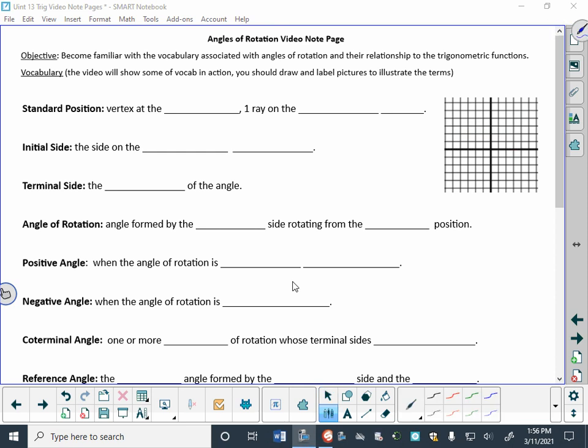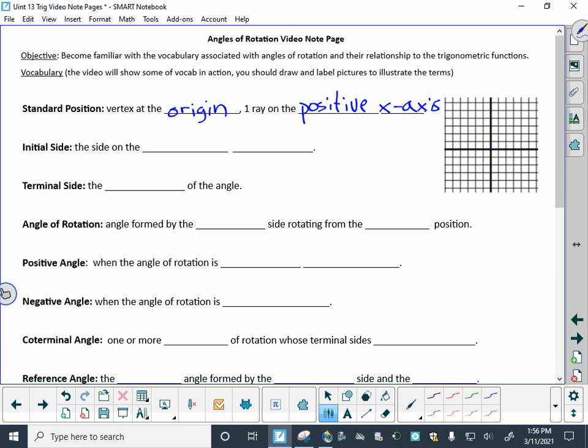So the standard position for an angle of rotation is with the vertex at the origin, and one ray or side of the angle is on the positive x-axis. Okay, so that's going to look like this in the picture over here.